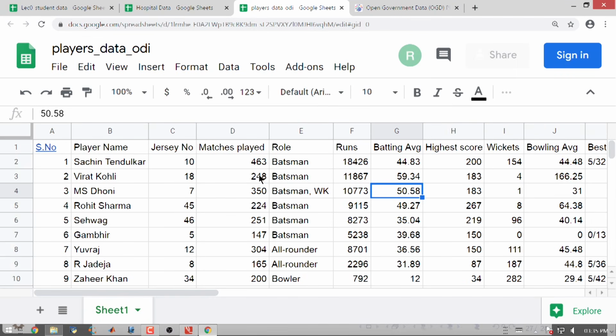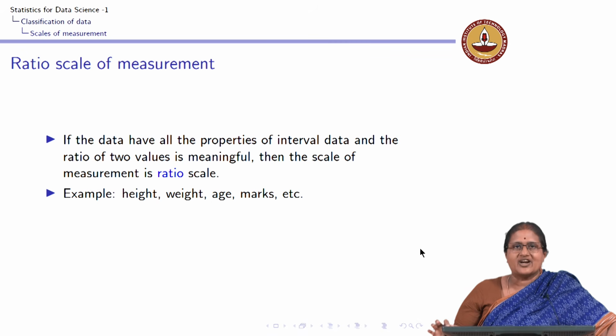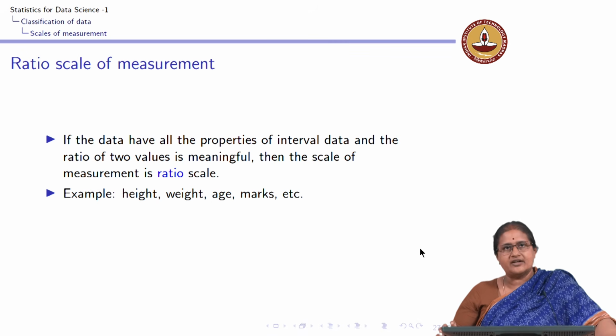I know a person who has scored 300 has scored twice as well as a person who has scored 150 marks. A highest score of 200 is twice as good as a person who has scored 100 runs. A person who has taken 100 wickets is twice as good as a person who has taken 50 wickets. So, I can have a notion of a ratio which I can define here.